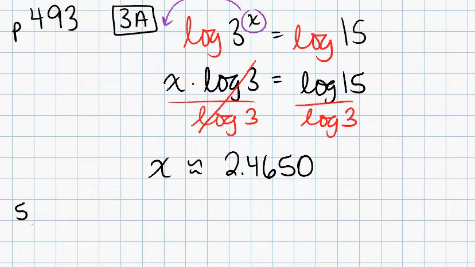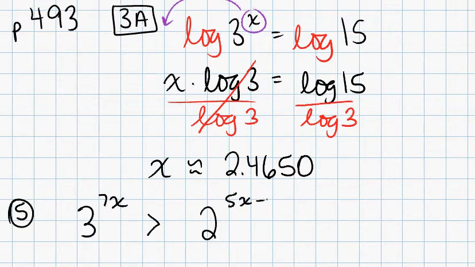Sometimes the exponents are a little more interesting, and sometimes we have inequalities. So let's do that one next. 3 to the 7x is greater than 2 to the 5x minus 3.